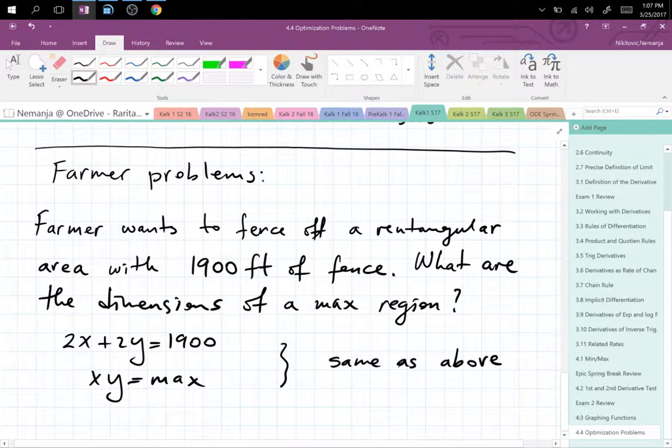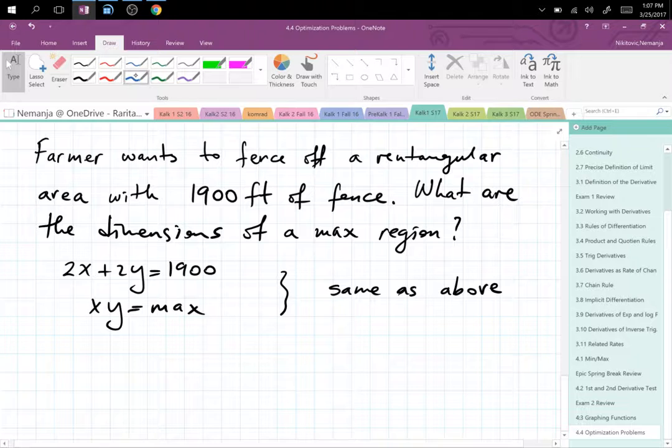So now you will cancel the 2 over there. You will get 950, and you will plug that in and grind through, and you will get the dimensions in feet. It will be a square again, right? It has to.